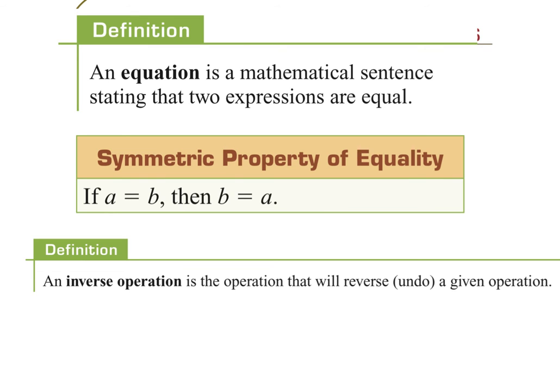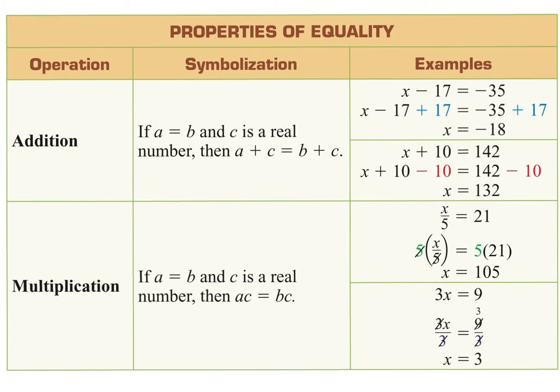All right. So let's look at some of these operations that you will be doing. Addition. Now remember, subtraction is just adding the opposite. So subtraction falls under this as well. If you have two things that are equal, then if you add the same thing to both sides or subtract, by the way, it maintains its equality. You can think of it as a balance.